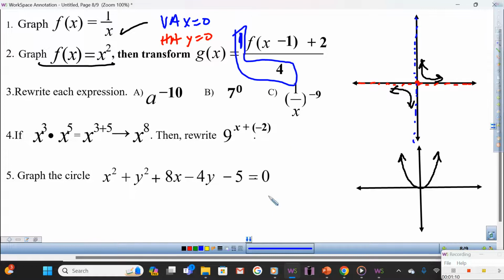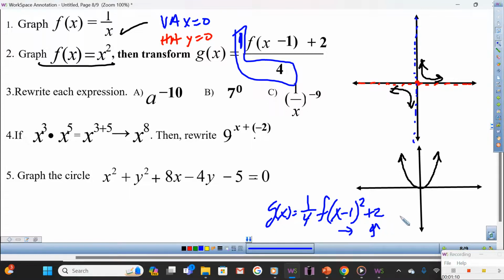This becomes 1/4, so g of x equals 1/4 times (x minus 1) squared plus 2. So that means we're going to move this one to the right and 2 up, or my new vertex at 1, 2.